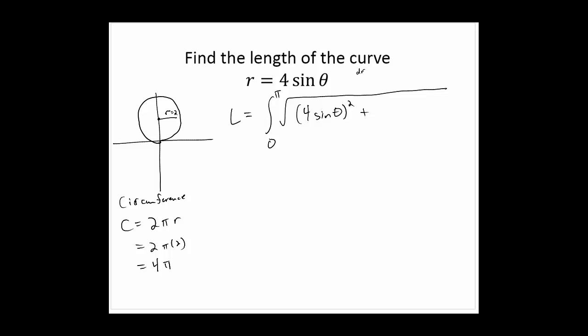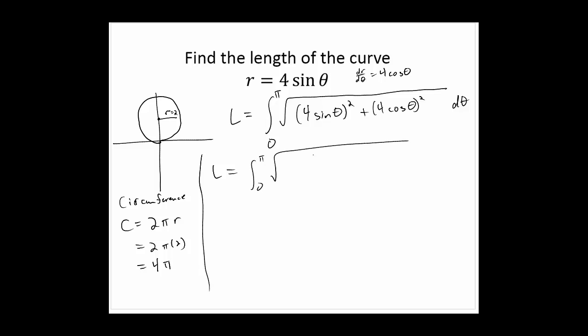Notice that dr/d theta would be 4 cosine theta. So we'd have (4 cosine theta) squared and then a d theta. Simplifying: arc length, integral 0 to pi, square root, 16 sine squared theta plus 16 cosine squared theta, and we've got a d theta on the outside.